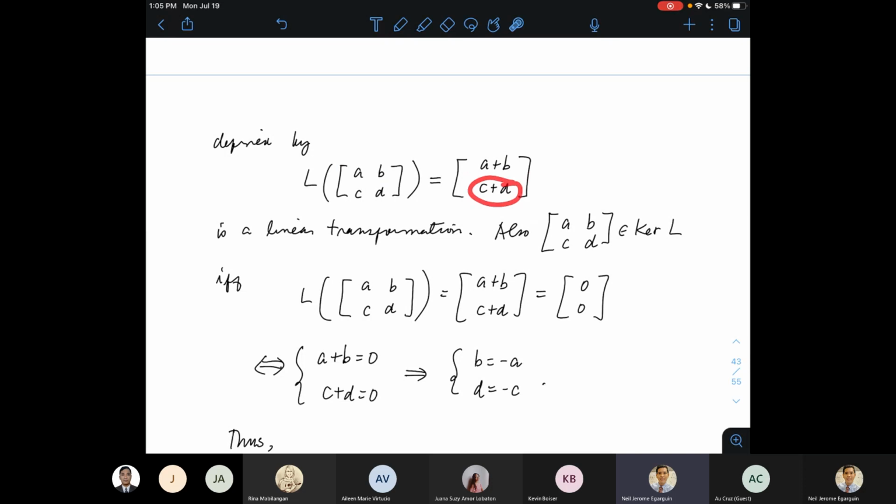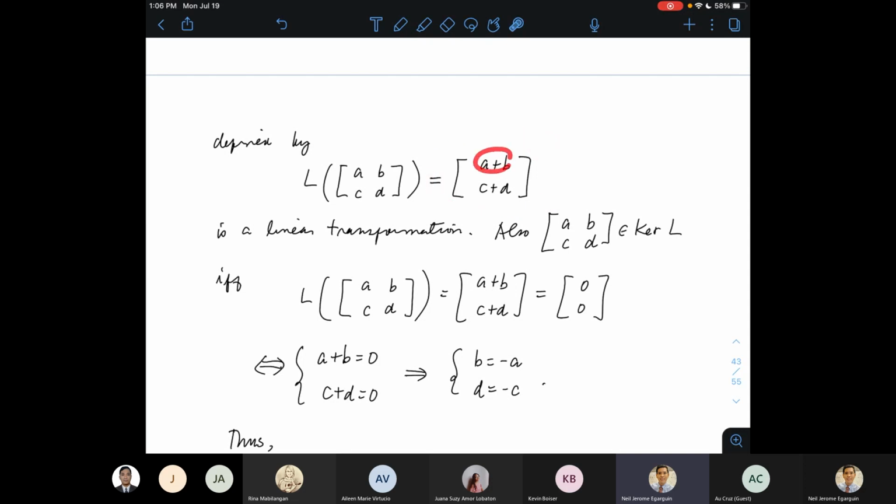The second component is the sum of the second row of the matrix in the domain, right? So kung ganito yung itsura ng range, kaya ko bang makuha lahat ng vectors in R squared? And if we just examine how this image looks like, that seems to be the case.